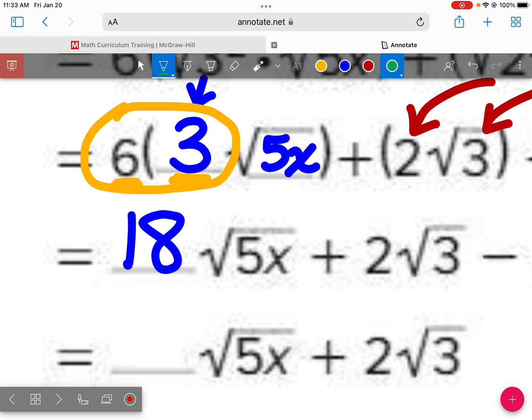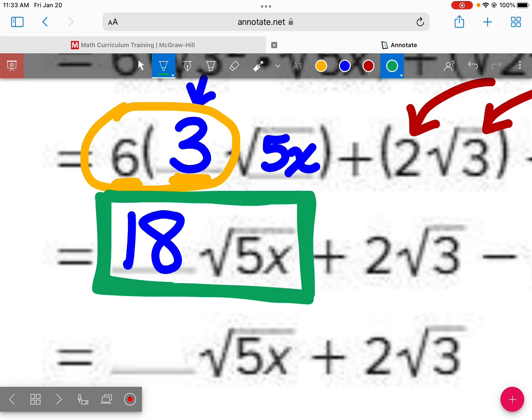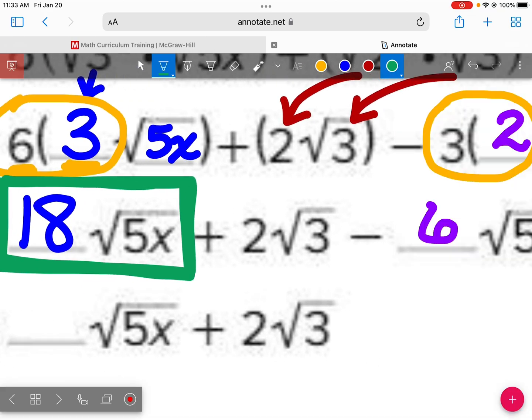Anything that comes in front of the radical would be the coefficient on that radical. What do you see in front of the 5x? 18. This term right here, this is one term. It has multiple pieces in it, but it is one term because there's no pluses or minuses in there. Do you see another term here that has the same index, same radicand? Because I do.